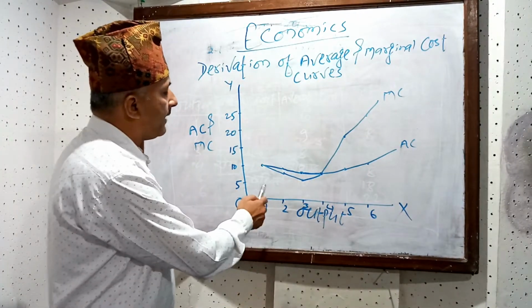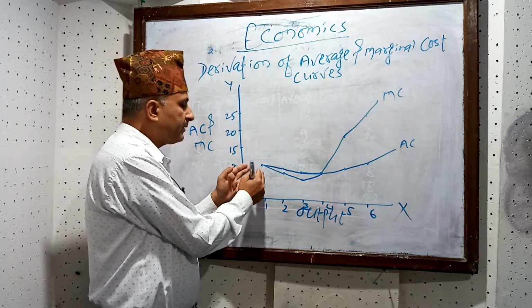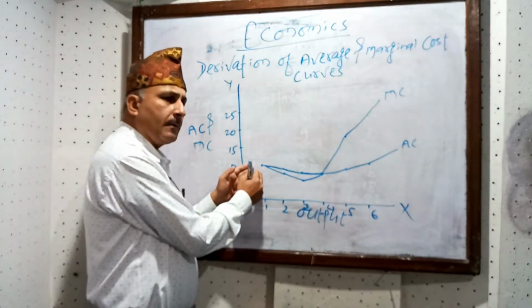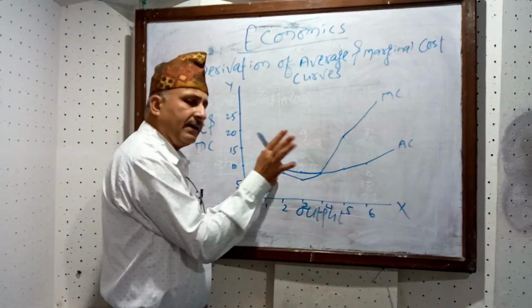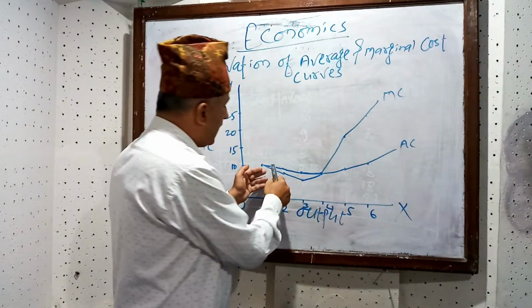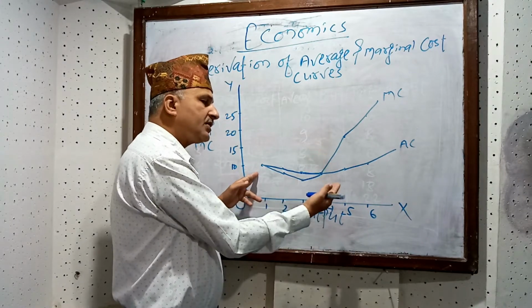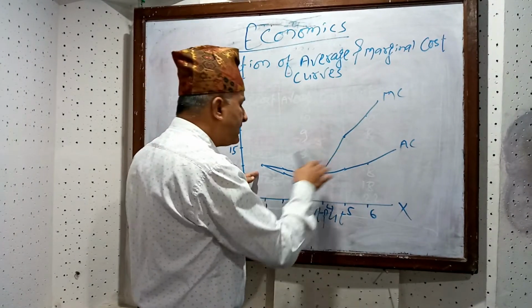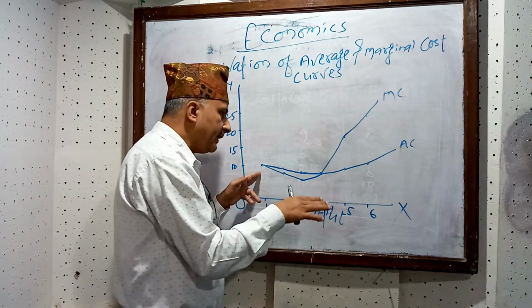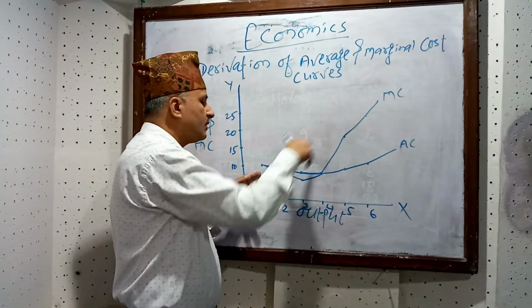At first both of them start from the same point, then they start diminishing, but as I told you previously, AC diminishes slowly, but MC diminishes quickly.